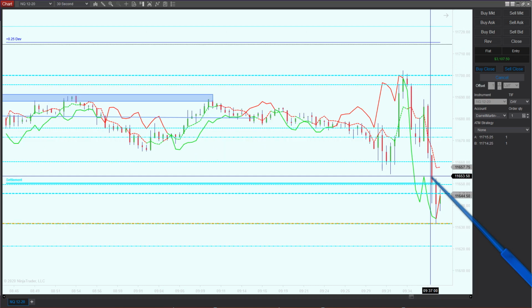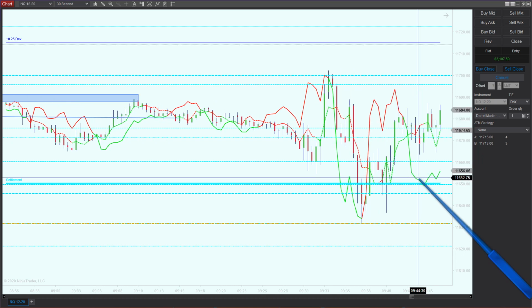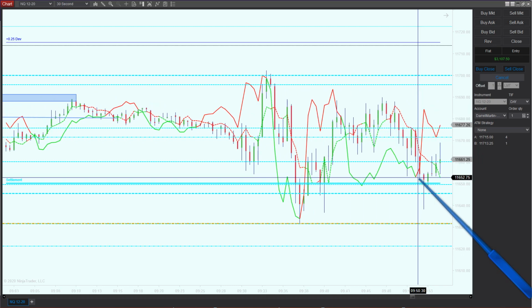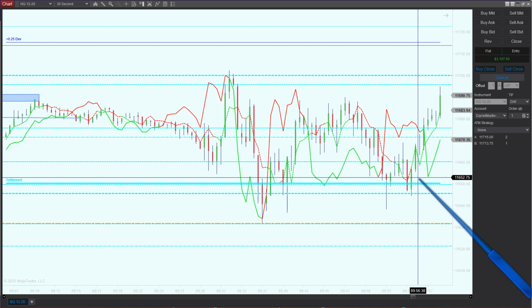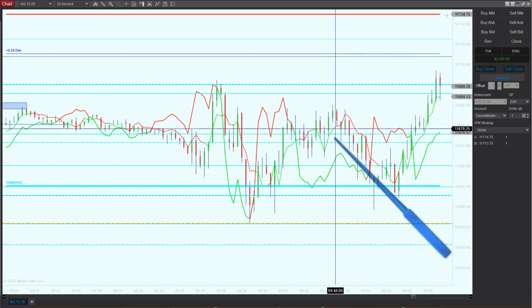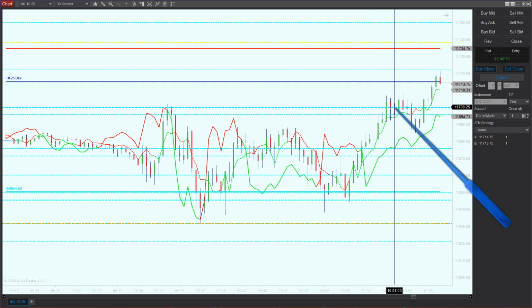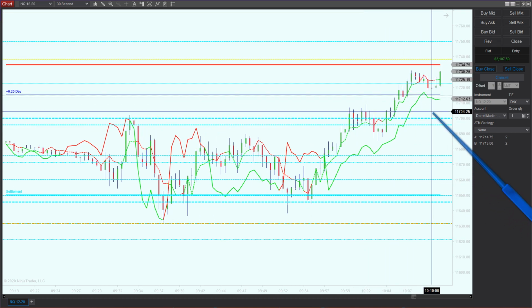So you let that mess work itself out. And it was pretty sloppy this morning to begin with. We're still stuck in this big old range right here from the open. And now it's finally starting to take off and break out of it.